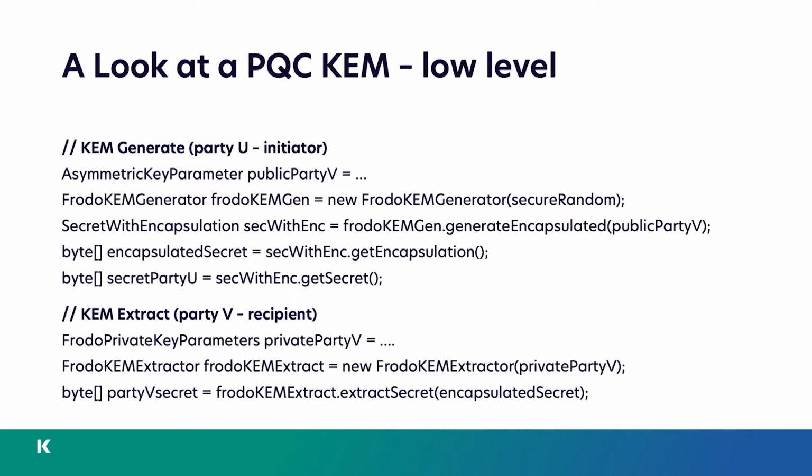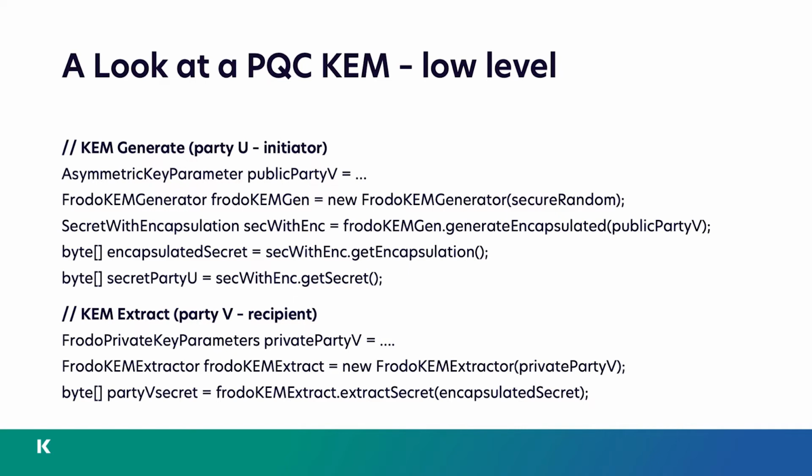Now, on party V's side, party V makes use of their private key with a KEM extractor and uses that to actually extract the secret from the encapsulation sent by party U. Now, at the end of this process, party V's secret and secret party U will in fact be the same values.